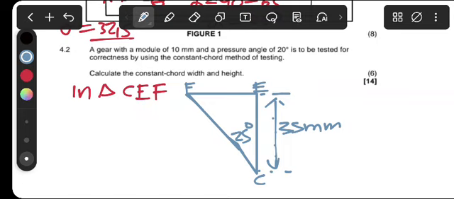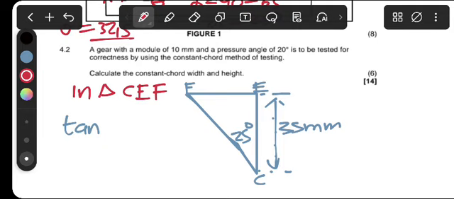So we can find EF, opposite over adjacent, which is tan. We're applying trigonometric ratios.